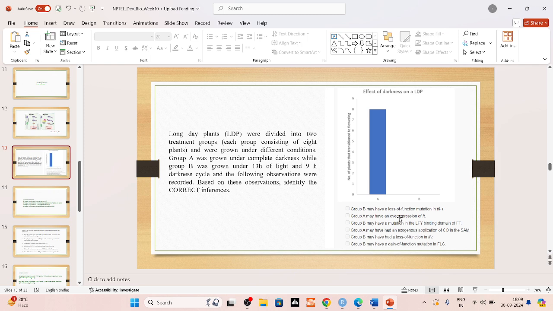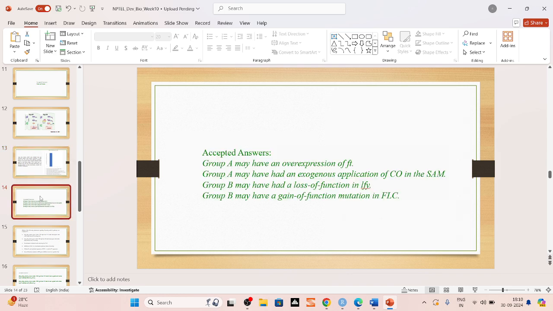C, that means group B may have a mutation in the LFY binding domain. And D. Okay, fine. So let us try to analyze. Let us see what the correct options are first, and then we'll analyze. So the correct options are these.